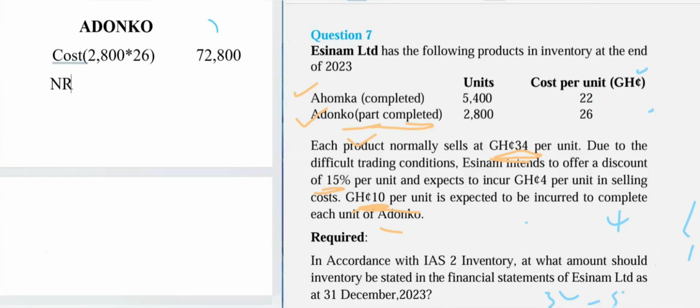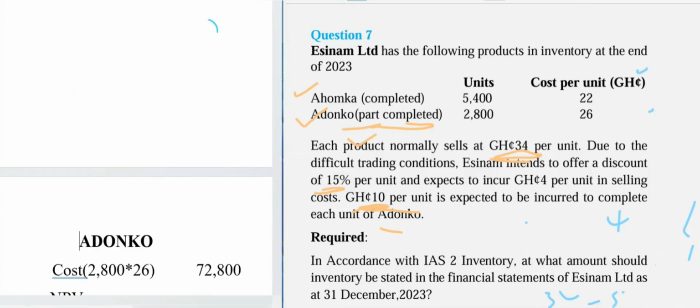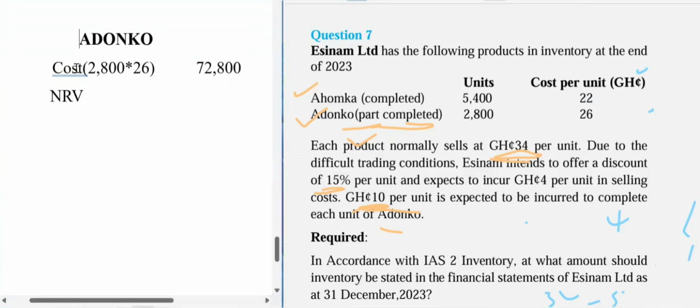So with the NRV here, let me even bring everything down here. With the NRV here, we have to get the selling price or the sales proceeds or the sales revenue, right? How much do we get from selling? And that would be 2,800 multiplied by the selling price, 28.9.